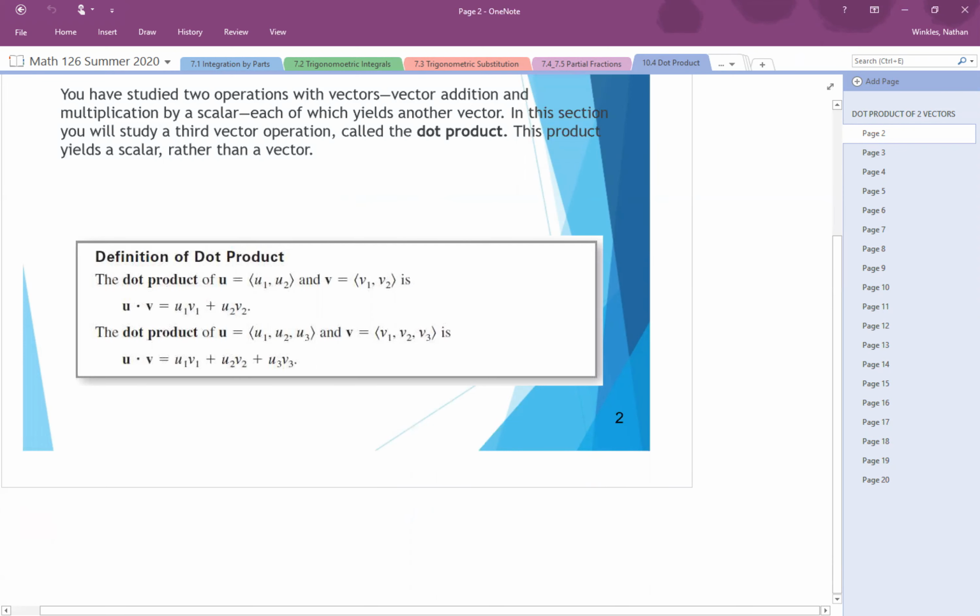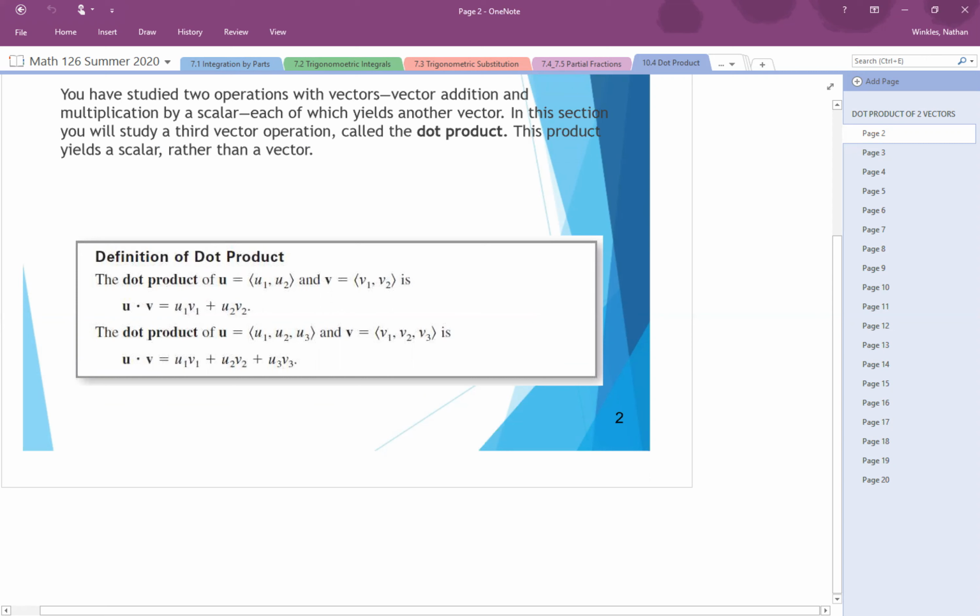To describe the dot product, we let u equal u1, u2, so it's two elements, and v equal v1, v2, which is also two elements. In order for us to do a dot product, we must have the same number of elements in each of our vectors. They both must have two, or they both must have three.